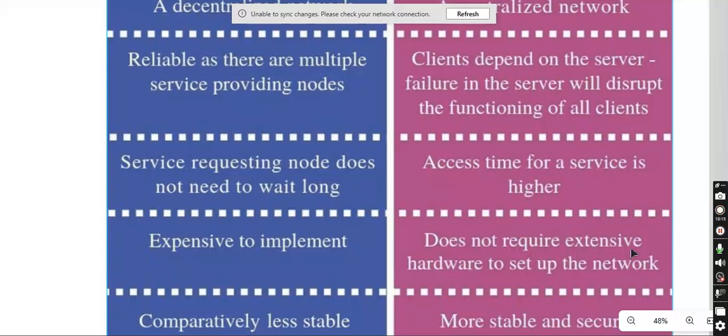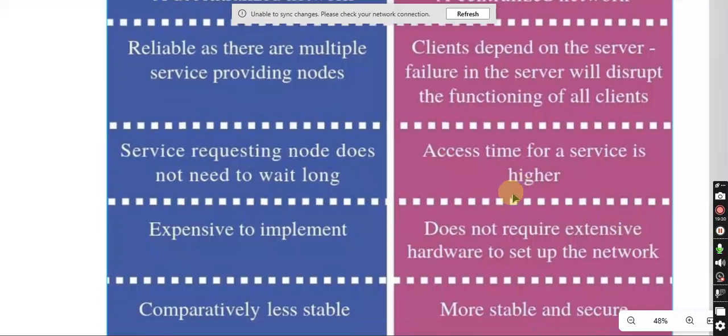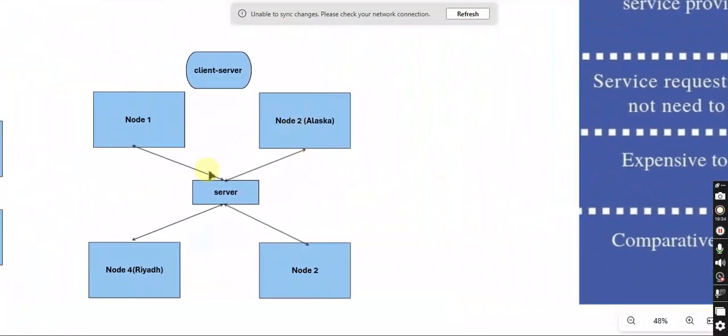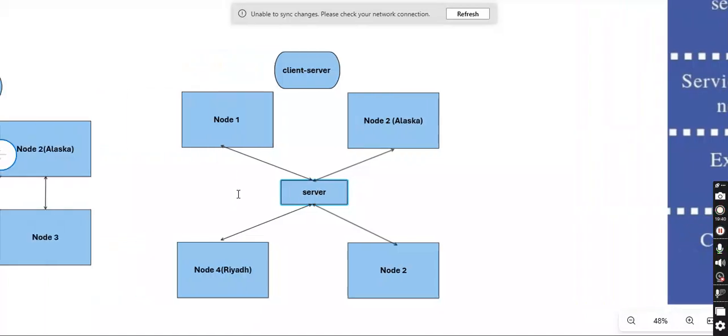But what about client server? It does not require extensive hardware to set up the network. The best example is, for example, if four or five computers are connected together. In the client server model, each one needs a wire to connect to the server, which is connected to the whole network.